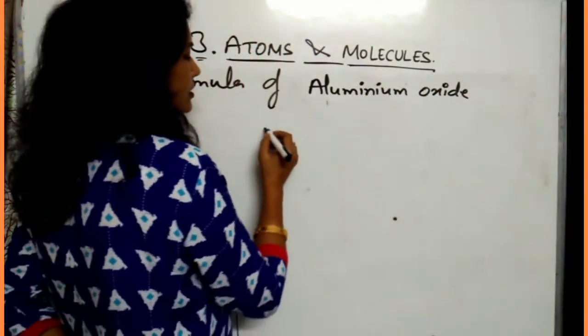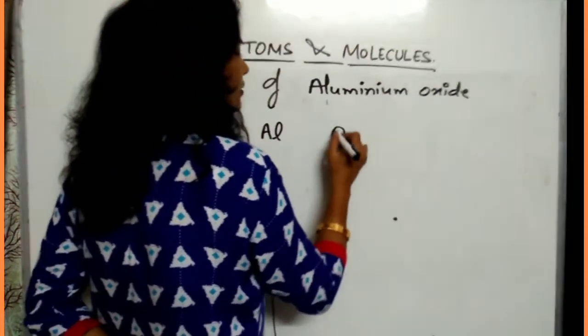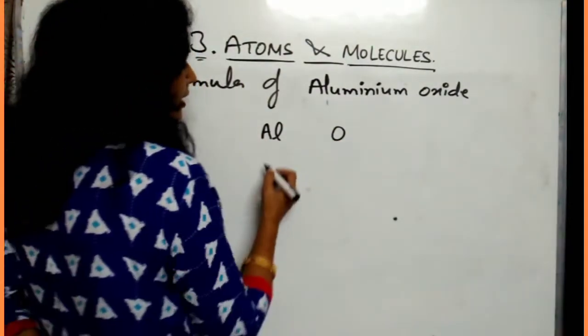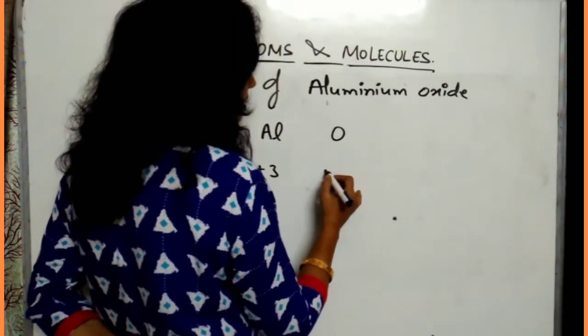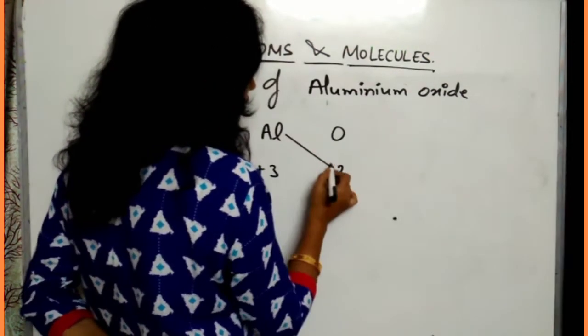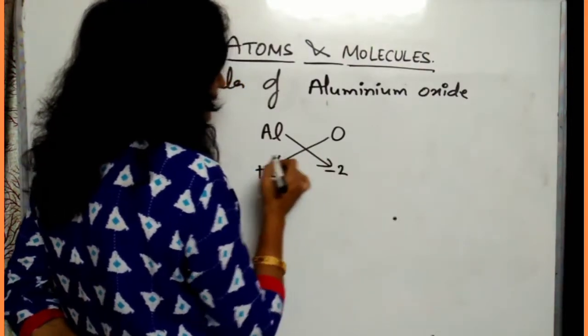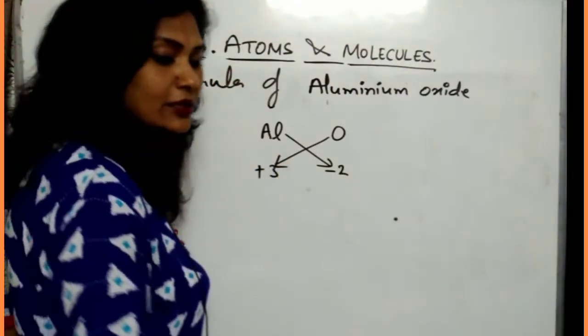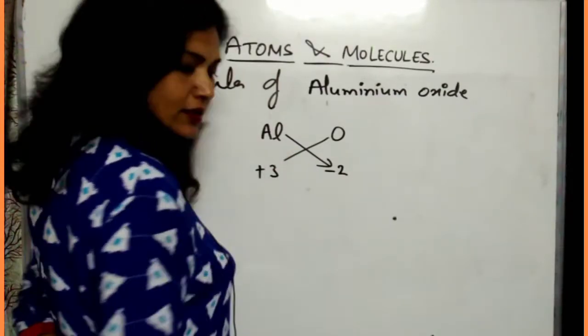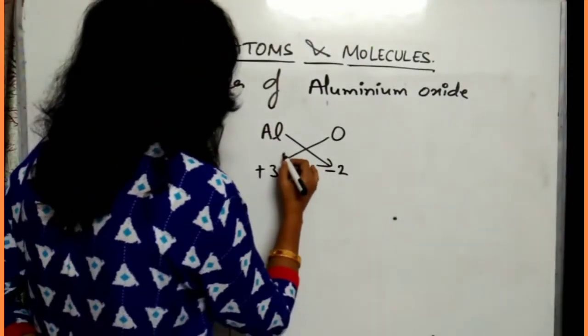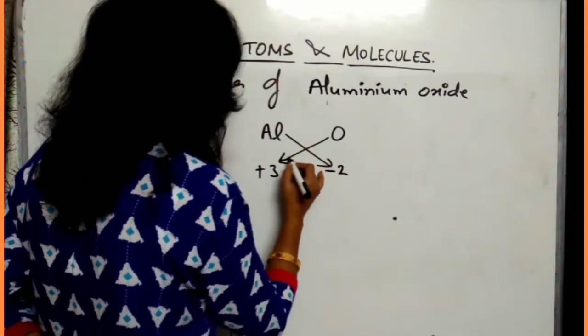Aluminium oxide means Al and O for the oxide. What is the valency of aluminium? It's 3, and oxygen minus 2. You will write the valency at the base of the element, and after that cross the valencies.